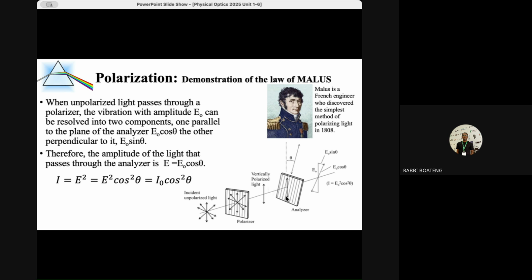But we have a second analyzer whose axis is turned at a small angle, not completely horizontal. From Malus's law, the light will not all go through, but you get some small intensity reaching behind, and we can use a formula to calculate the intensity we get here.